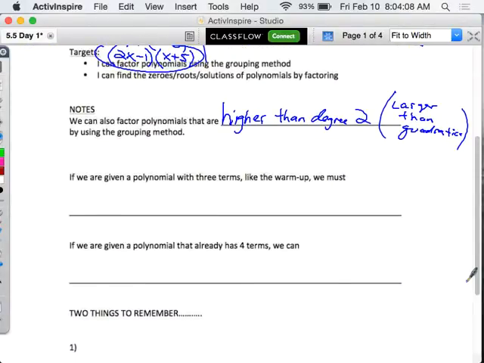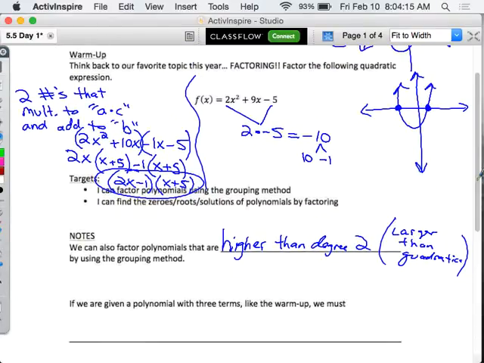You'll be fine. So, if we are given a polynomial with 3 terms, like the warm-up, so here in the warm-up, we had 1, 2, 3 terms.